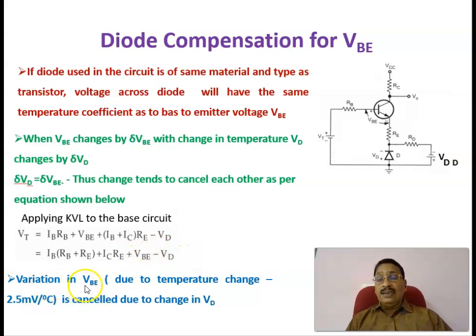Therefore, the variation in VBE due to the temperature change, which is 2.5 millivolt per degree centigrade, is cancelled due to the change in VD. That is, if VD as well as VBE change due to the temperature change, both are the same and get cancelled. Therefore, it will not affect the operating point of the transistor. This is the diode compensation for VBE.